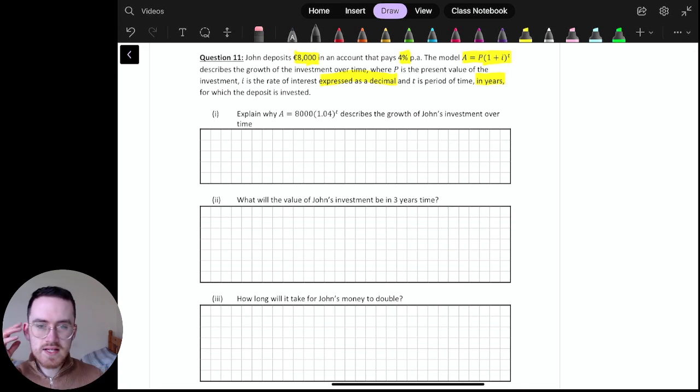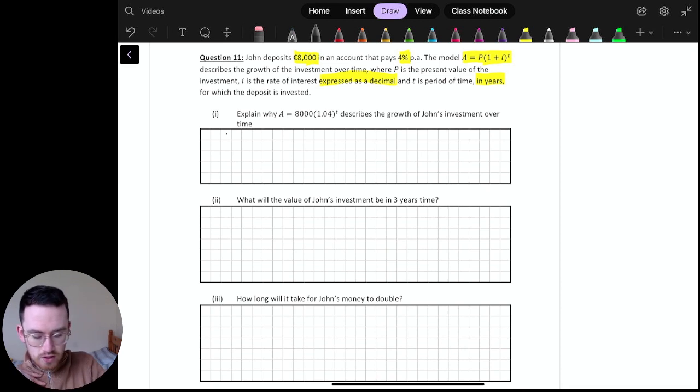The first part says, explain why A is equal to 8,000 multiplied by 1.04 to the power of t describes the growth of John's investment over time. Okay, so if we think about it, what they've told us is that John's putting €8,000 into an account, and that account's going to pay 4% per annum. What we mean by that is that each year he gets 4% added on in interest.